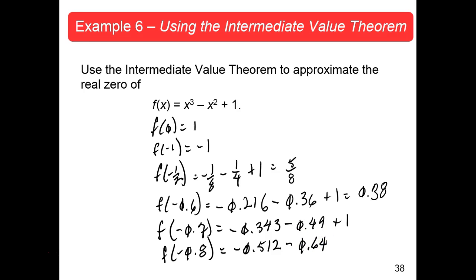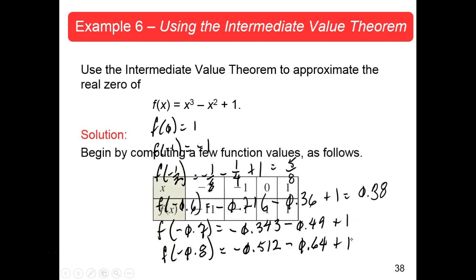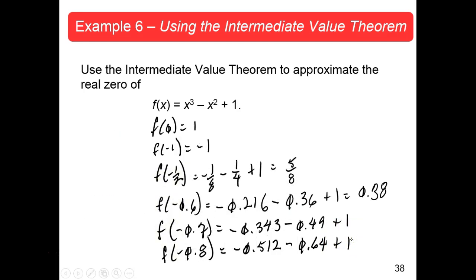Yep. That's actually less than negative 1. When you add it to plus 1, that's going to give you something negative. So now we're stuck between negative 0.7 and negative 0.8. Now negative 0.75. And you can just keep the process going until you get so close you say, hey, that's close enough.